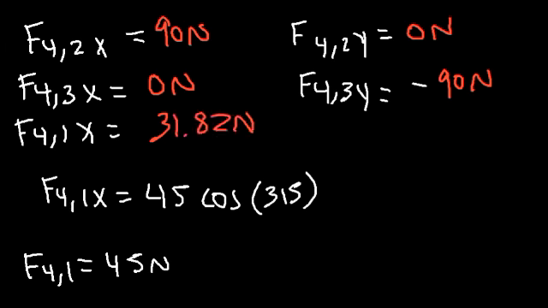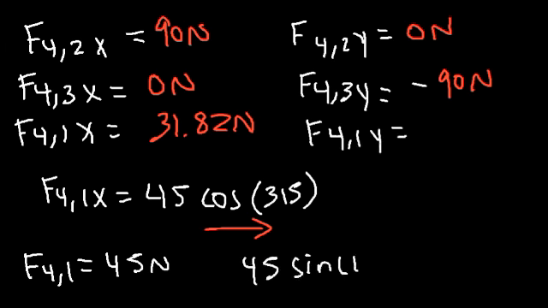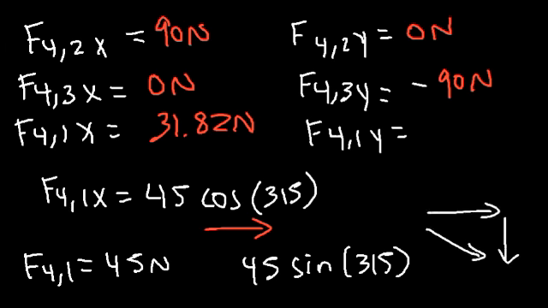And we can see why it's positive, because it's directed towards the east. Now for the y component, it's going to be 45 sine 315. Now the y component is directed towards the south, so it should be negative. So you should get negative 31.82.